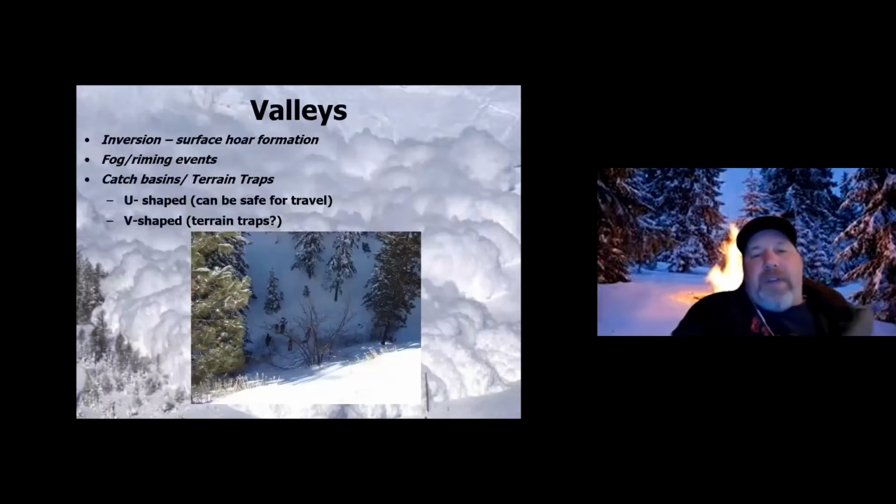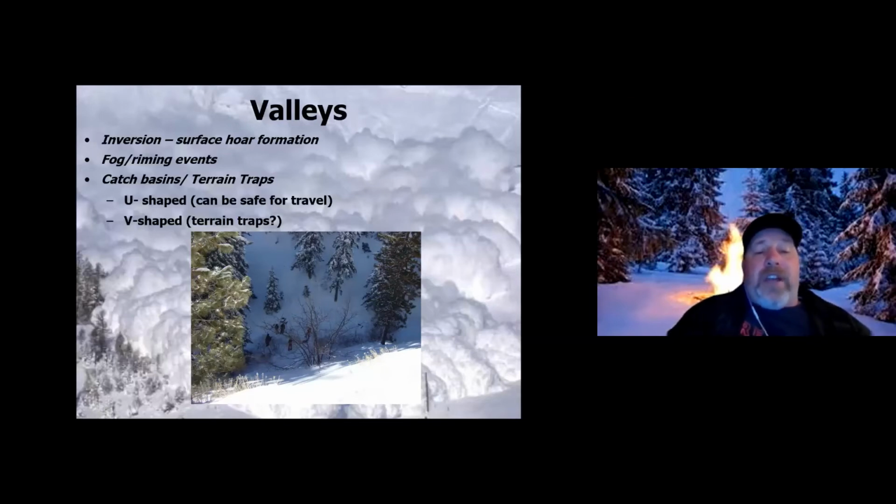All right, these little valleys are not necessarily terrain features that we look at from an avalanche starting zone. Unfortunately, these valleys are areas of consequence for these avalanches that may occur above you. In other words, they're catch basins or terrain traps for us.